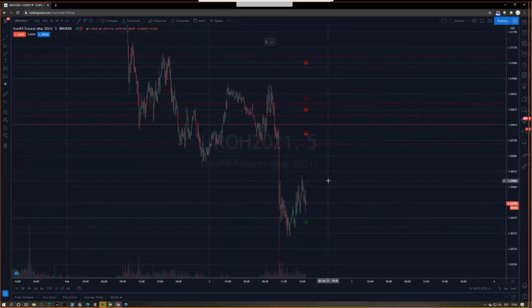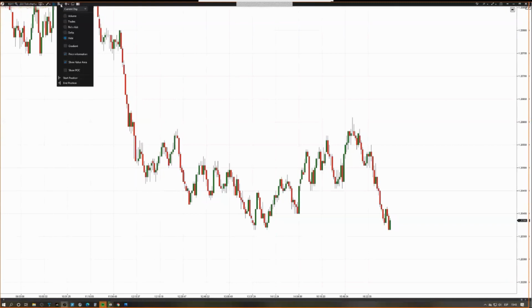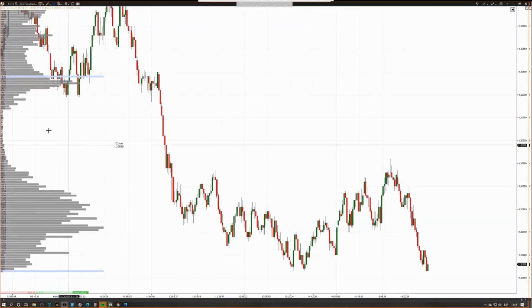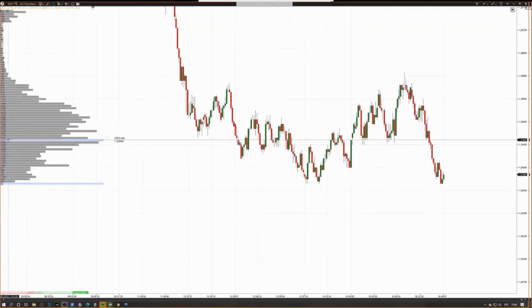So let's go back to the chart and let's add the volume here. But this time we'll have the volume horizontal, which can tell us exactly at which price the action happened. Okay, let me just highlight this. This is the point of control. So we know here that the highest volume of the session happened at exactly this price.